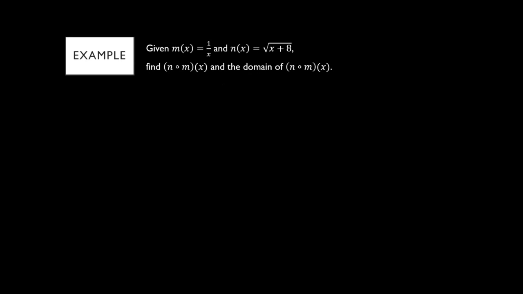I'm going to do another one here. Same functions. We're just going to go the other way around. So we want n of m of x. So we're basically taking x into m of x and then into n of x.